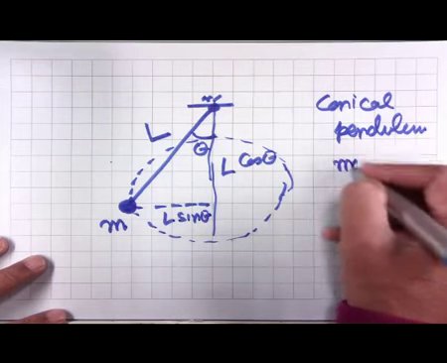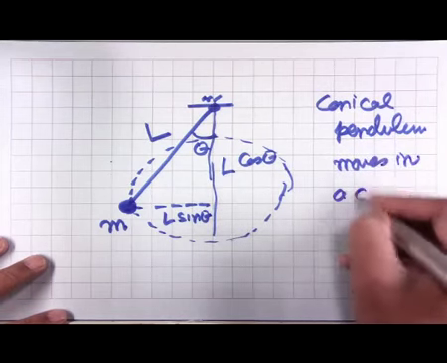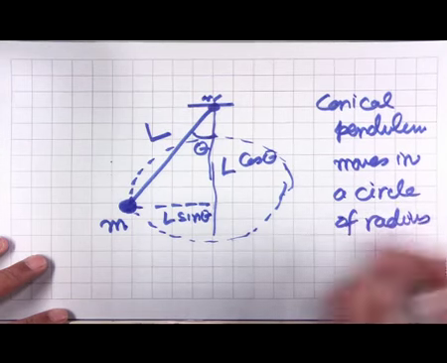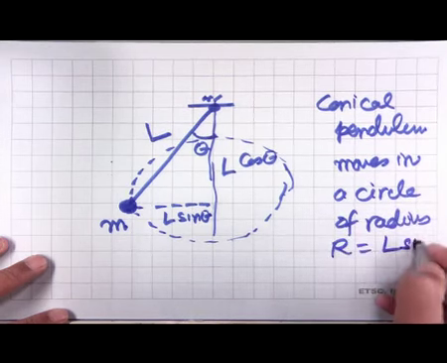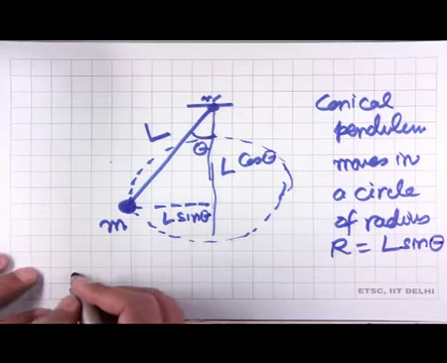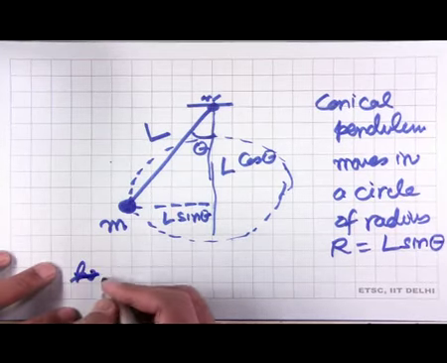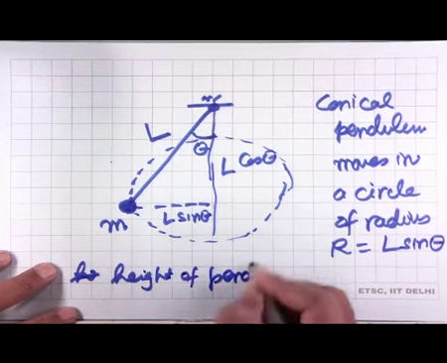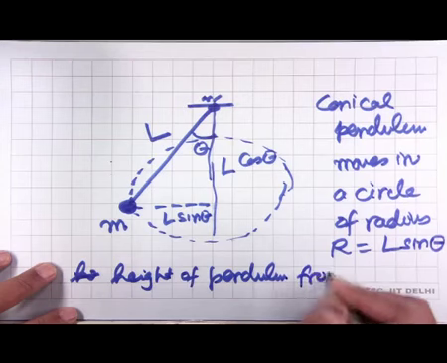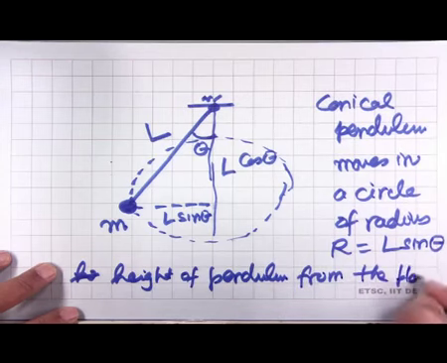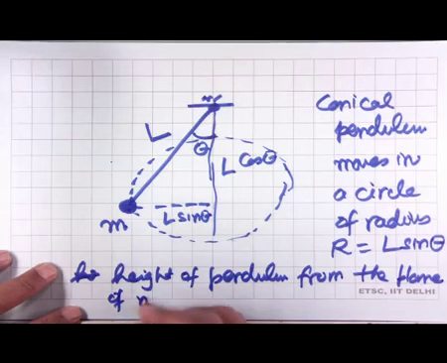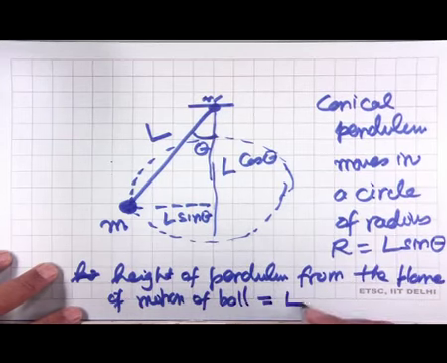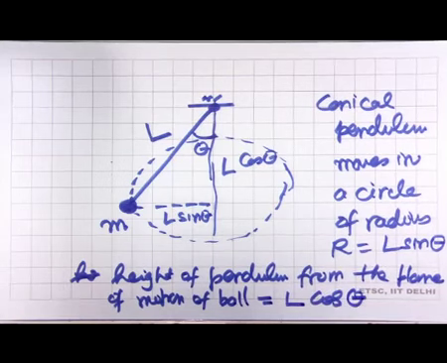This moves in a circle of radius r equal to L sin theta, and the height of the pendulum from the plane of motion of the ball is equal to L cos theta.